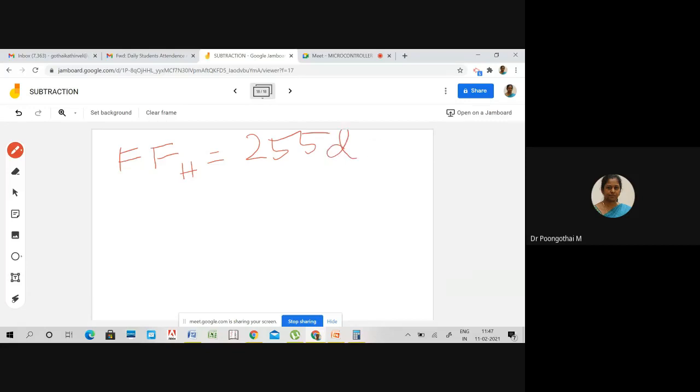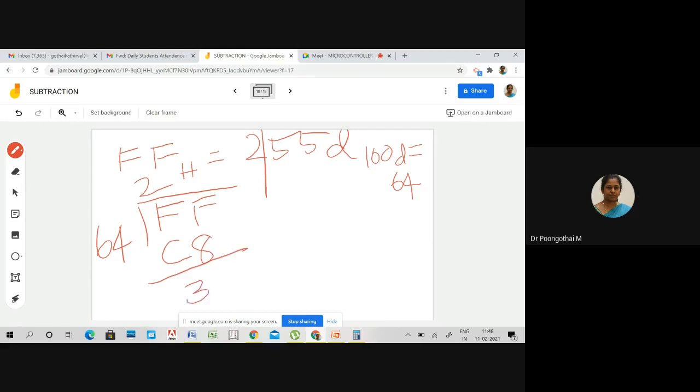Divide this number by 100. 100 is nothing but, in terms of hexadecimal, 64. So what is the quotient? Quotient is 2 and remainder is 37. So here we have to store the quotient or the remainder.